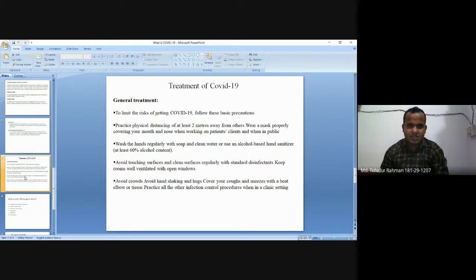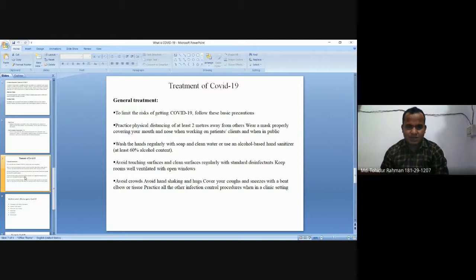General treatment: to limit the risk of getting COVID-19, follow these basic precautions. Practice physical distancing of at least 2 meters away from others. Wear a mask properly covering your mouth and nose when working with patients, clients, and when in public.